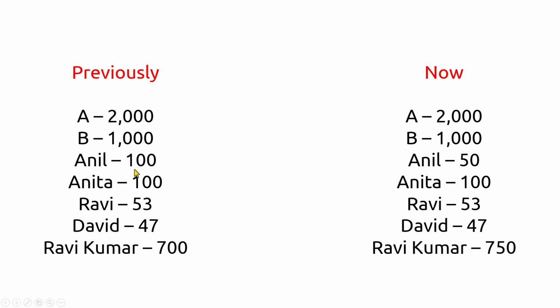Anil has 100 shares, Ravi Kumar has 700 shares. After selling the shares, Anil has 50 and Ravi Kumar has 750. So basically Ravi Kumar has bought 50 from Anil. This is the updated data stored in the depository.